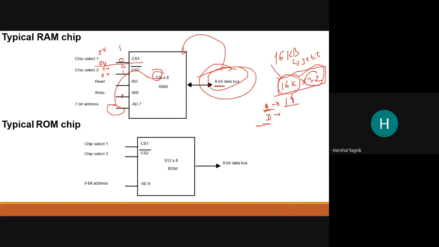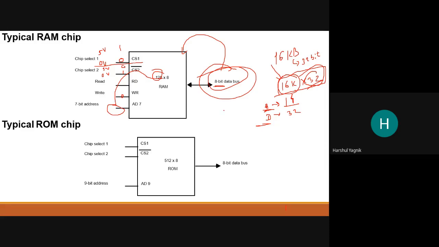And each register is 32 bits, so a 32-bit data bus is required. Clear?